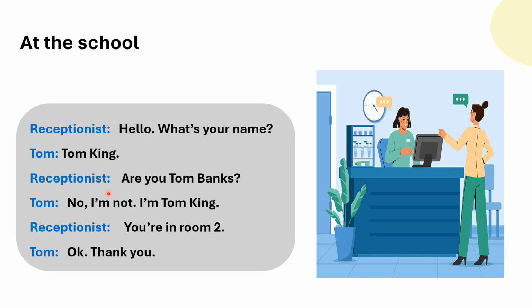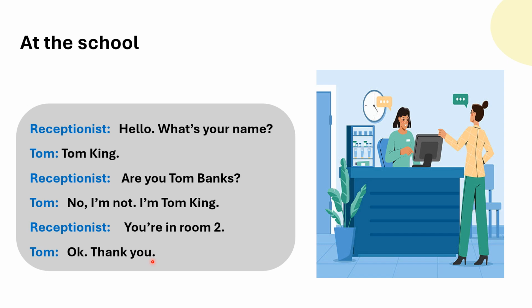And then the receptionist asks, "Are you Tom Banks?" Tom says, "No, I'm not. I'm Tom King." And then the receptionist answers, "You're in room 2." And finally, Tom says, "Okay, thank you."